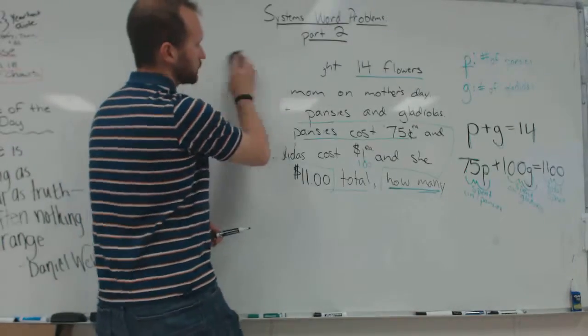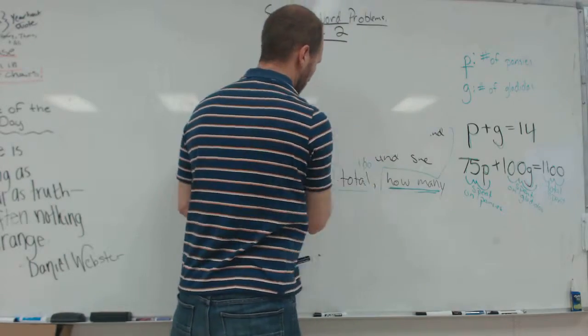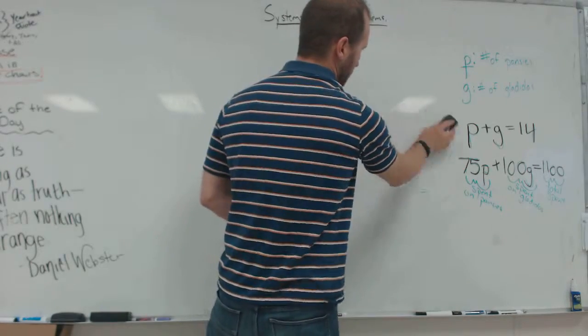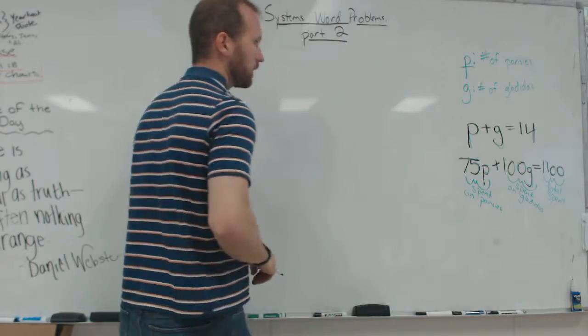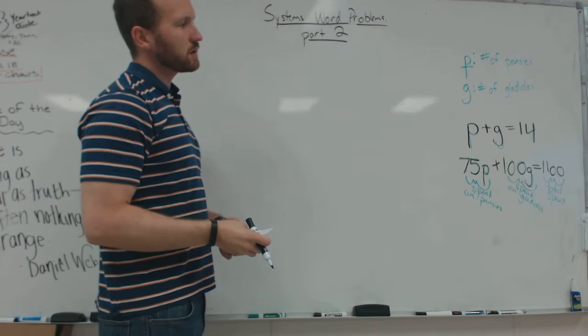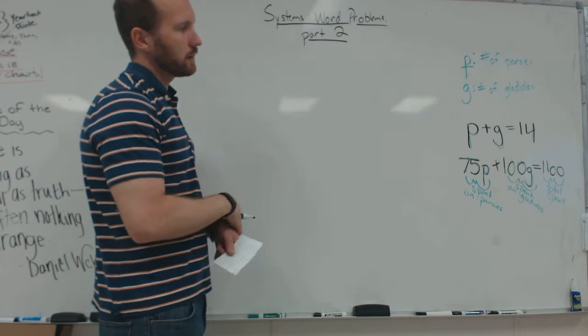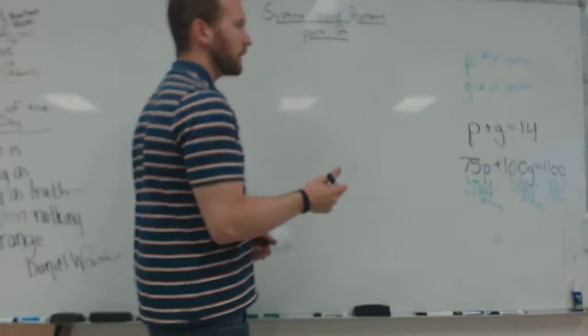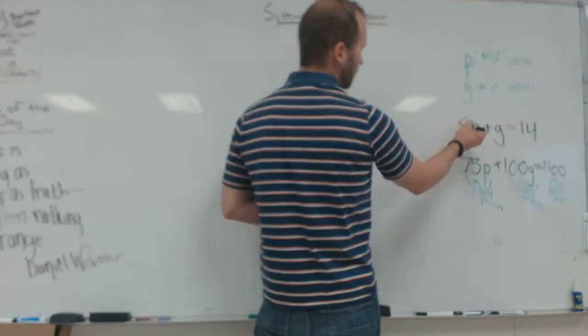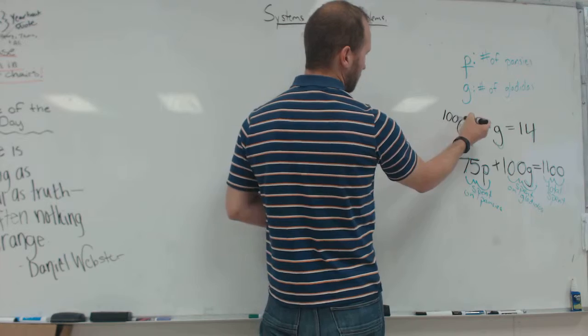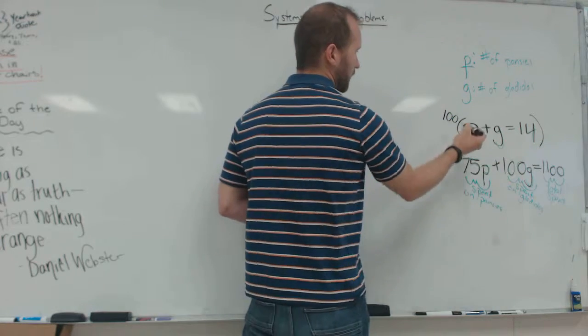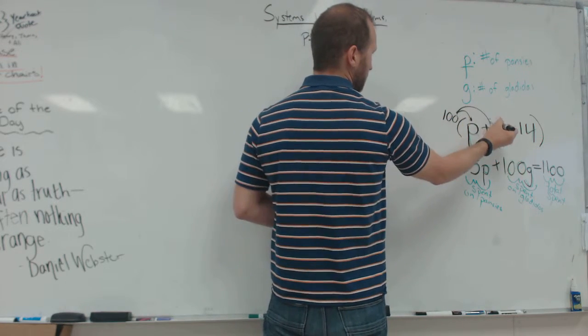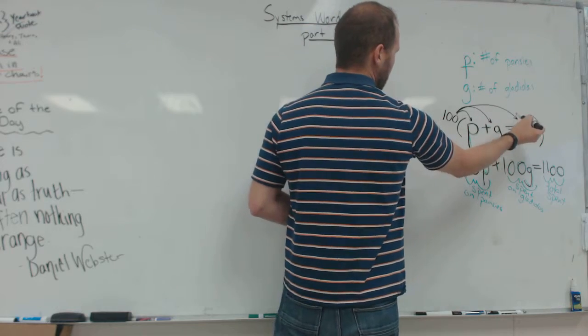There's a couple ways we could do this. Probably the easiest way, the way that I see, is I'm going to multiply this top equation by 100, so that's going to apply to this and to this.